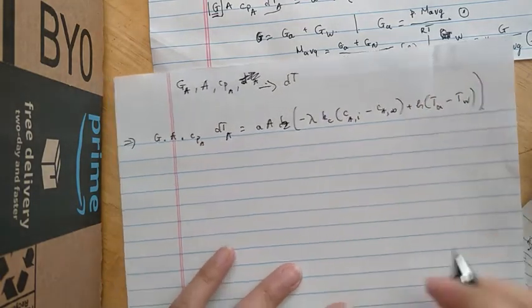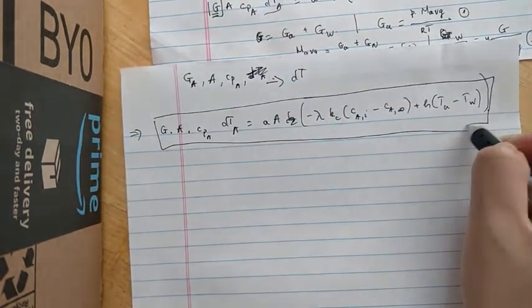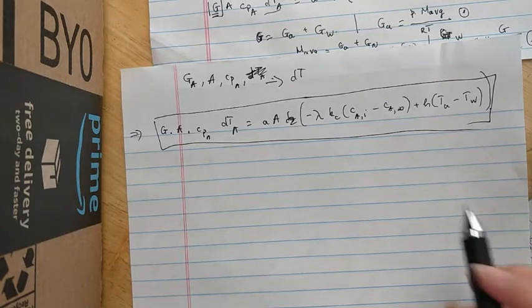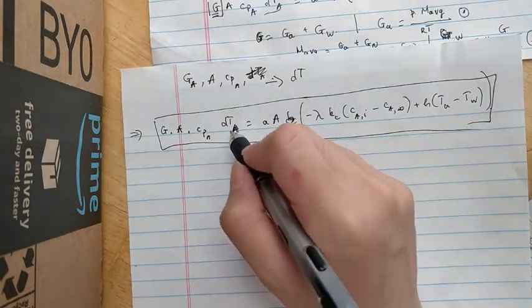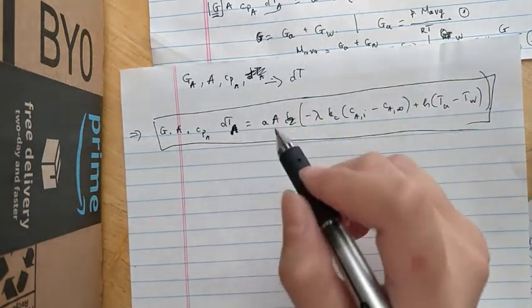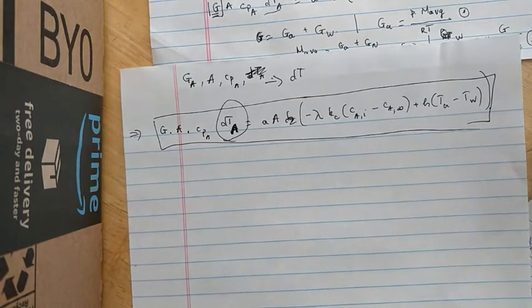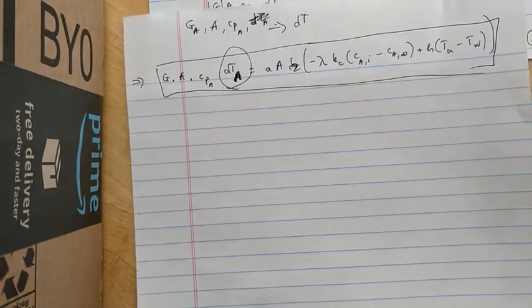So this is the differential equation of the steam, and from here we can derive the differential equation of the air temperature.